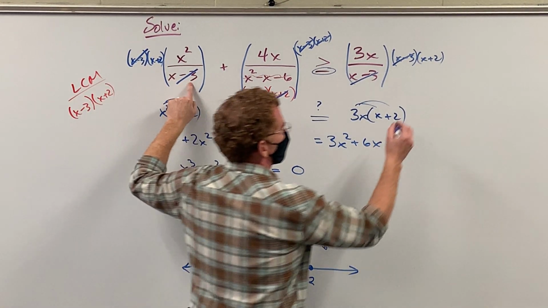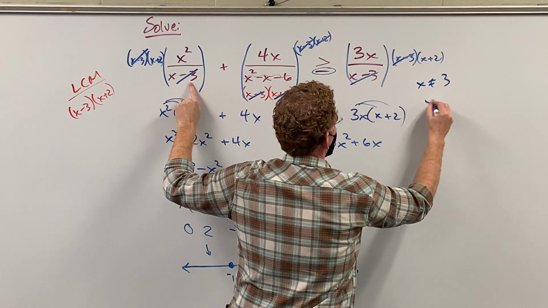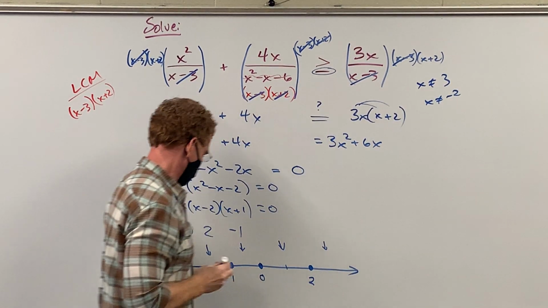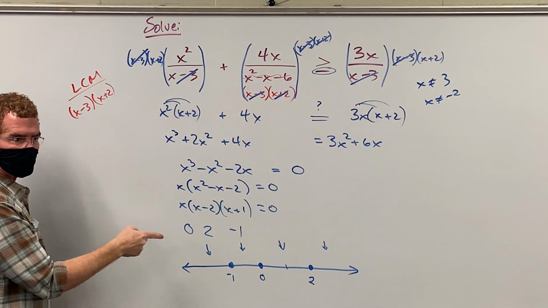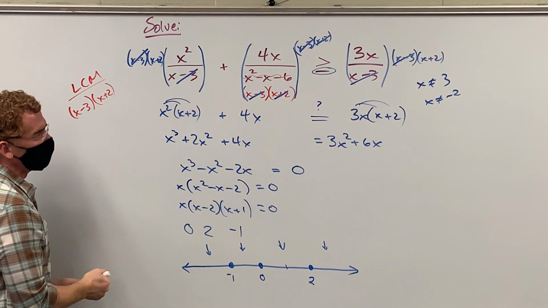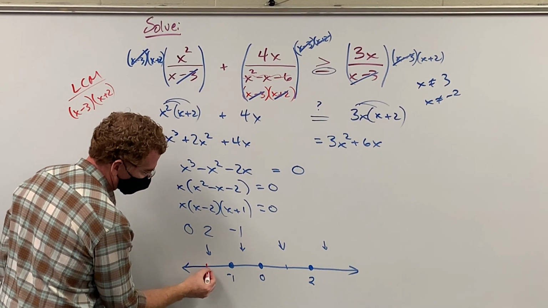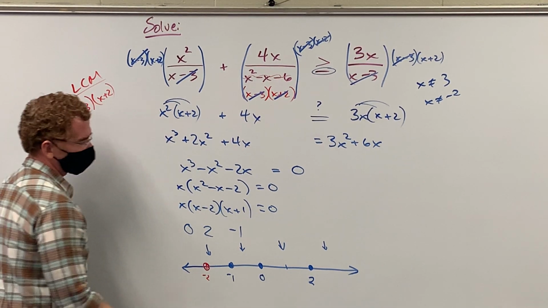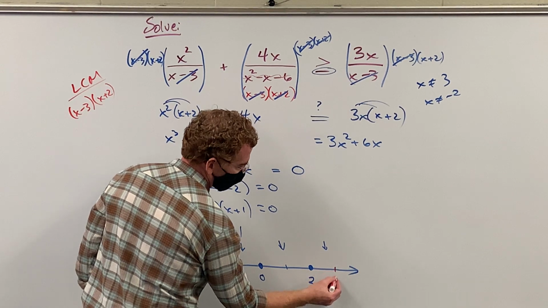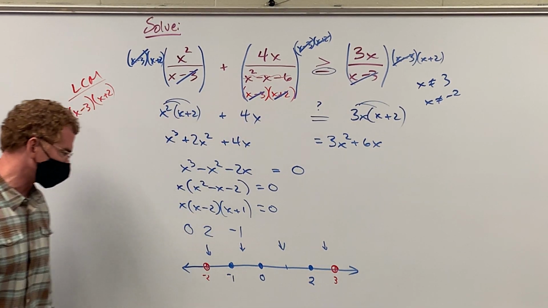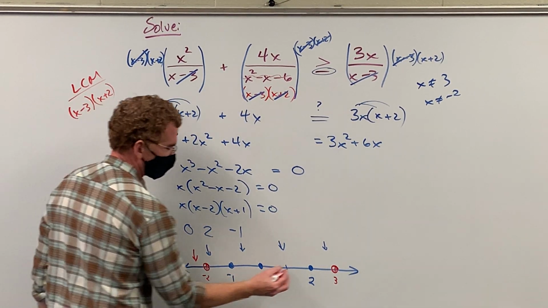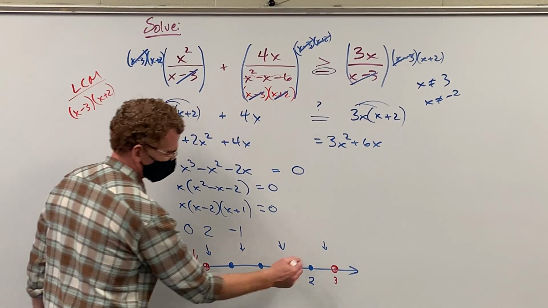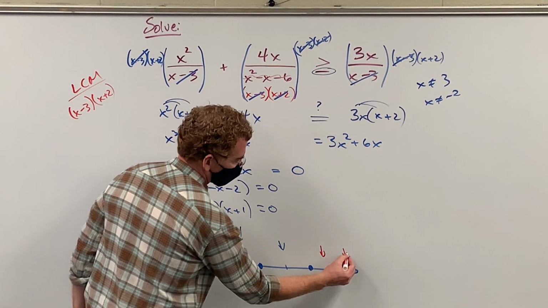It's not equal to 3, x can't be 3, and it can't be negative 2. So in addition to these three places where it is 0, I've got to mark a negative 2 as it does not exist, and a 3 as it does not exist. Open circles, and now I've got to check a couple of extra spaces as well.